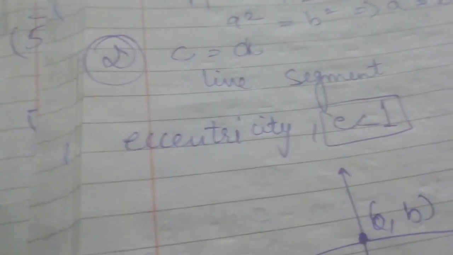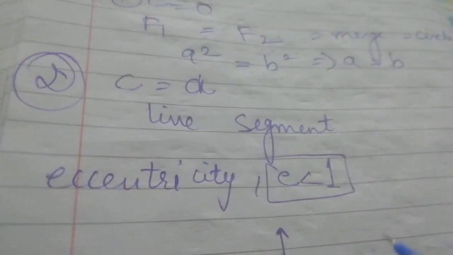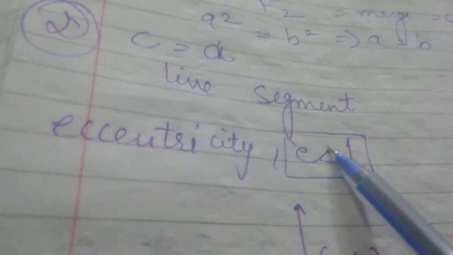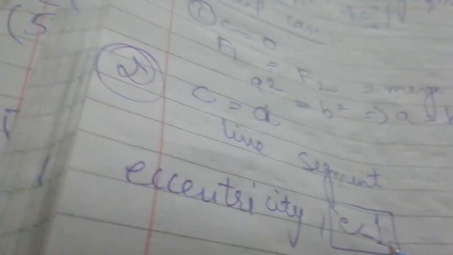Any curve having two foci has an eccentricity, and in the case of an ellipse it is always smaller than 1.